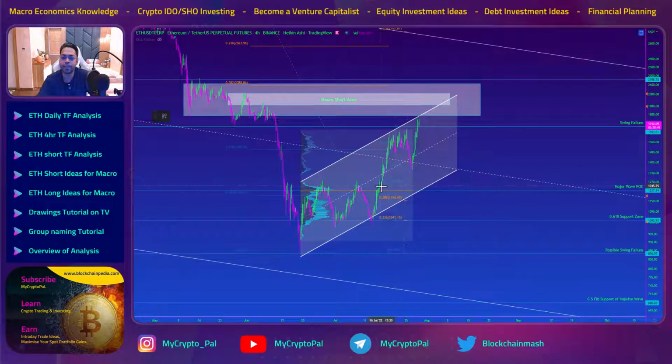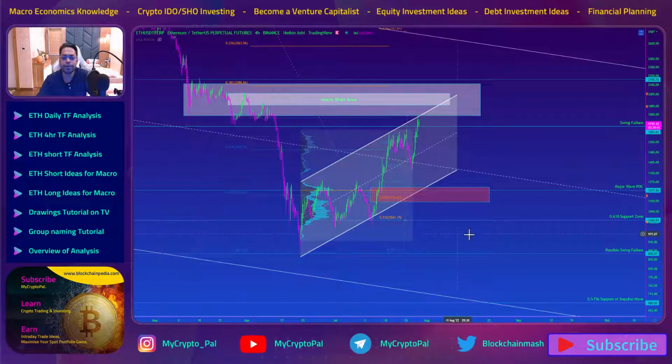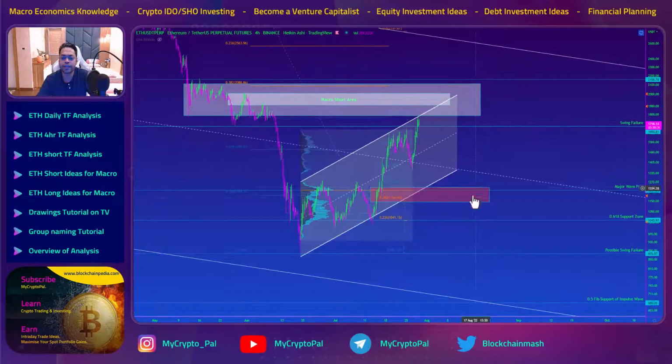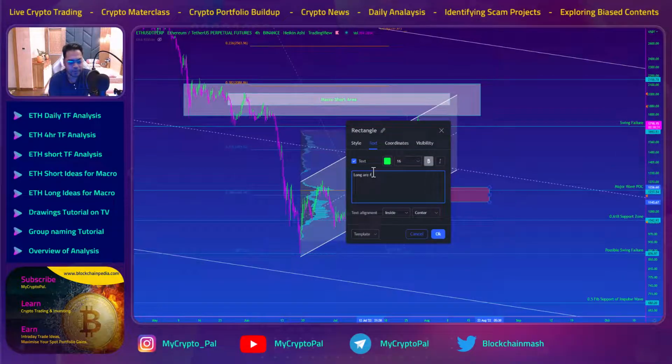If you remember, we marked this zone over here, and I think this entire zone is a very good zone to long from. You can count this as your long area for short swing trades.